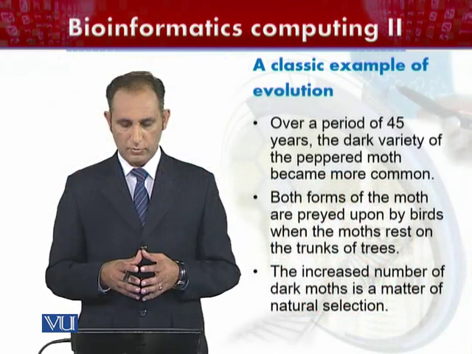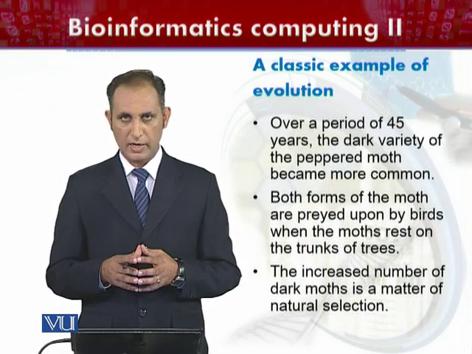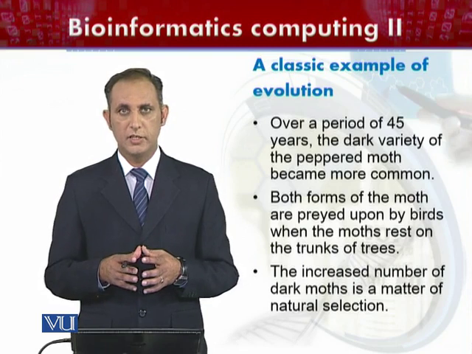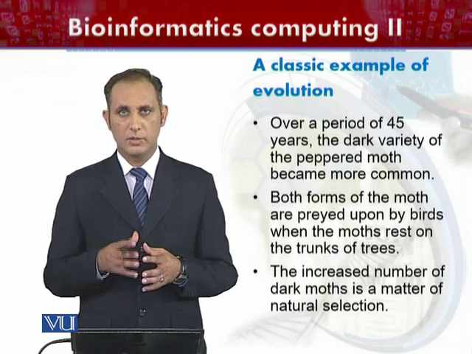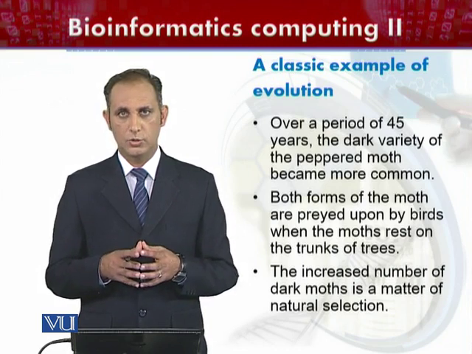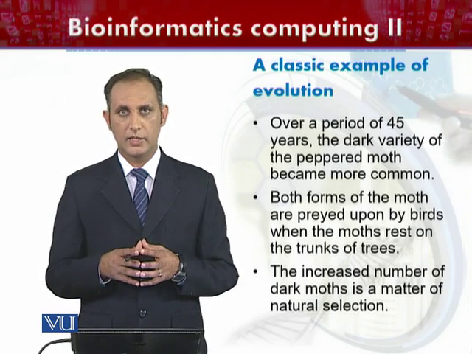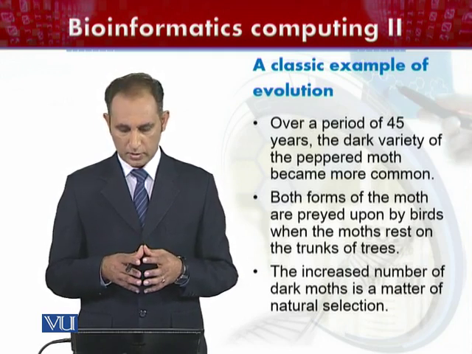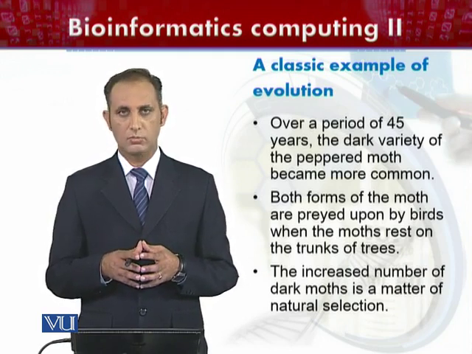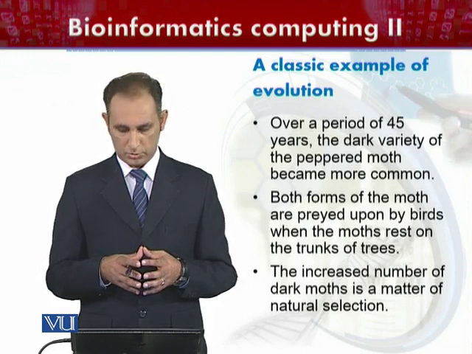Over a period of 45 years, the dark variety of the peppered moth became more prominent and dominant in that area, because the moth used this color change as a camouflage strategy to avoid being picked by the birds as a source of food. Both forms of moth are preyed upon by birds. Birds pick them from the tree trunks and use them as a source of food.